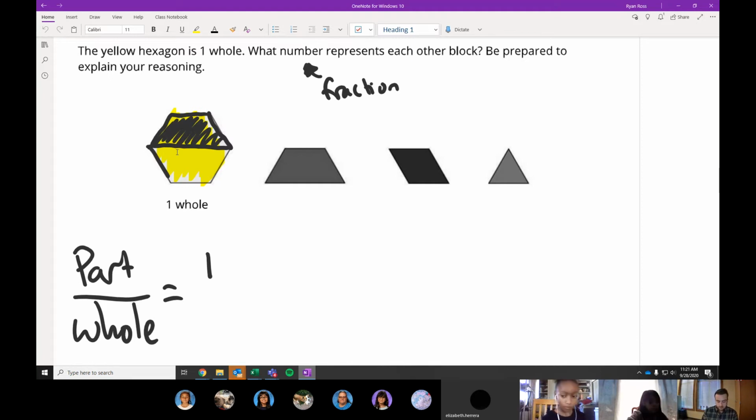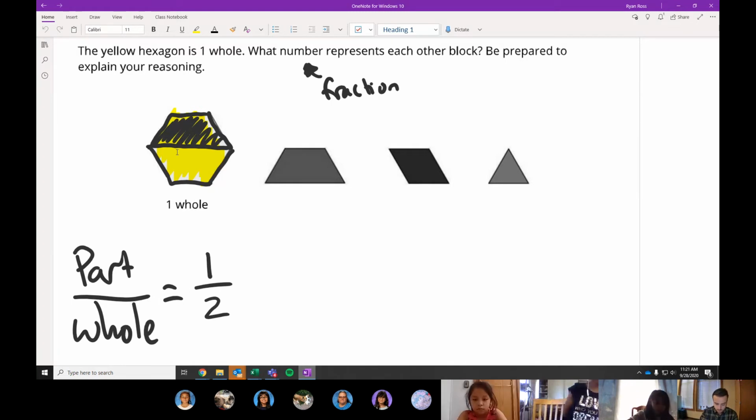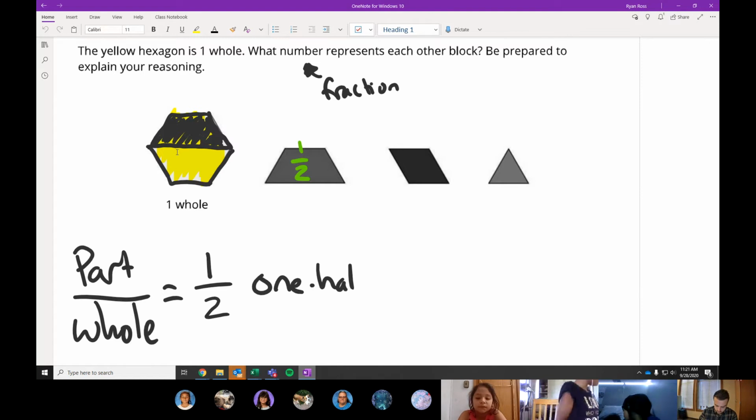So I have one part there and there's 2 that make the whole, that take the entire shape. I'm a little delayed. It's taking its time. There we go. We have one part, if we're only talking about one piece, and there's 2 pieces that make the whole. So if we were to write this as a fraction, it would be 1 over 2. It'd be 1/2. Right?